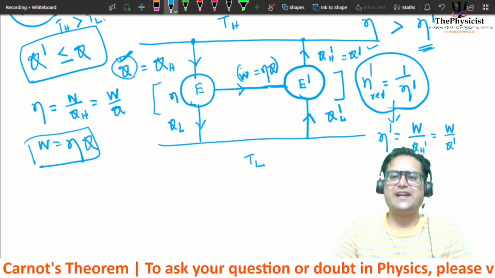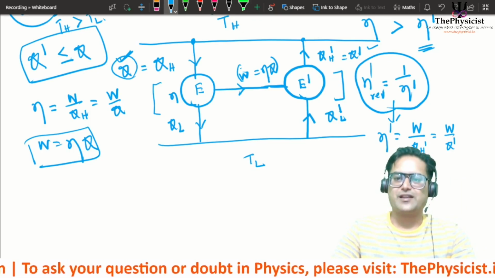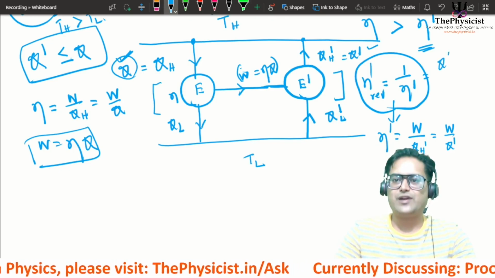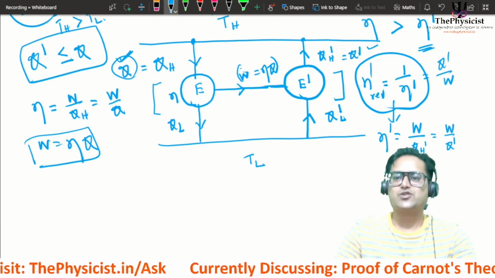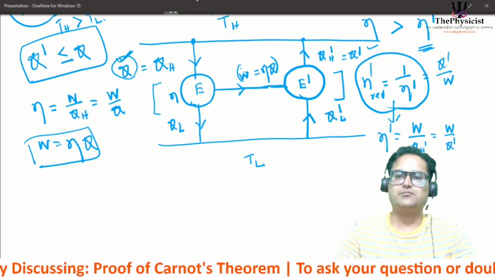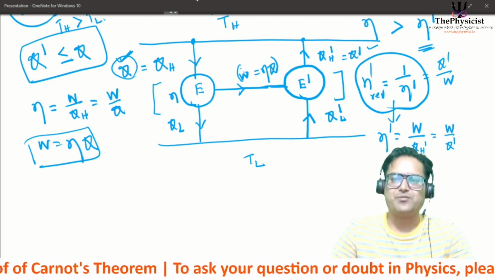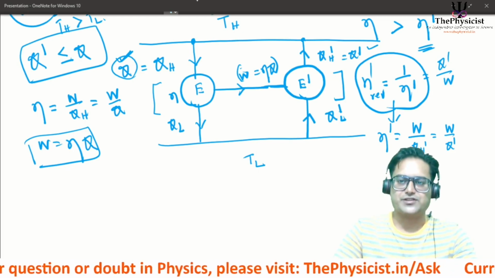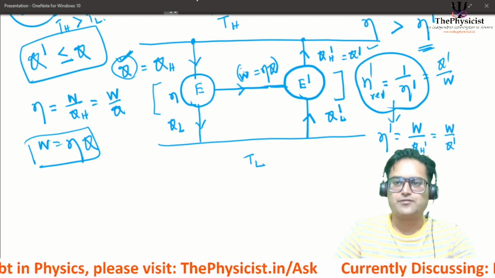Eta dash reverse will be Q dash by W, right? So eta dash is W by Q dash, correct? So basically, a reversible engine working as a heat pump will have an efficiency which is the inverse of its normal mode efficiency. That's something you can make a note of, correct?